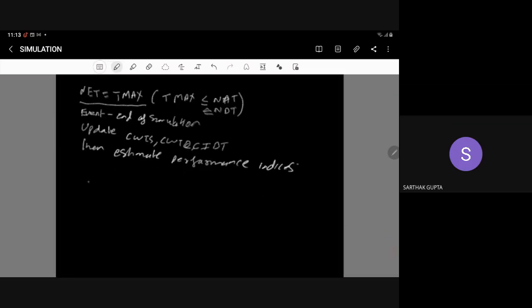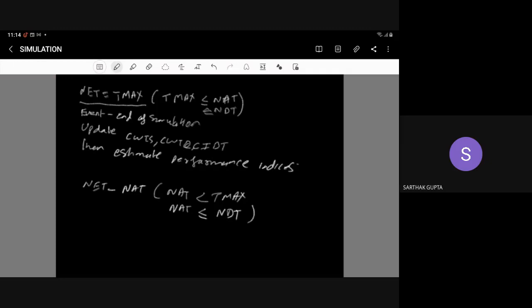Now, what is the second case? NET is equal to NAT. When NAT is strictly less than Tmax and NAT is less than or equal to NDT, then you take the NAT as the next event.